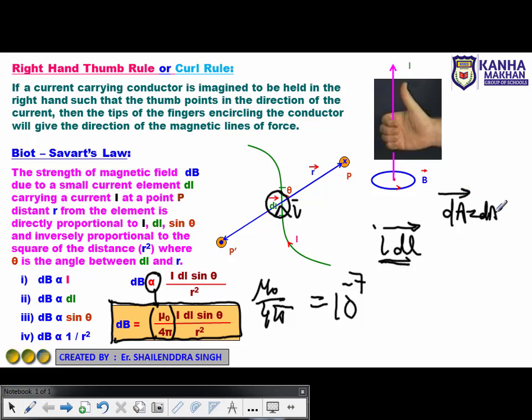Because solving the problem related to the flux, whose value was given as dA vector equals dA into n cap. So here I want to introduce you, individually current is a scalar, individually length is a scalar, but commonly the product of both is considered a vector quantity for the whole of magnetism. Okay, so you must always remember this.